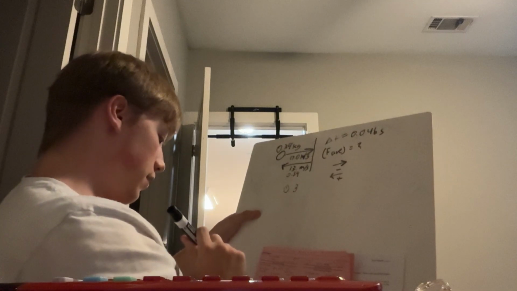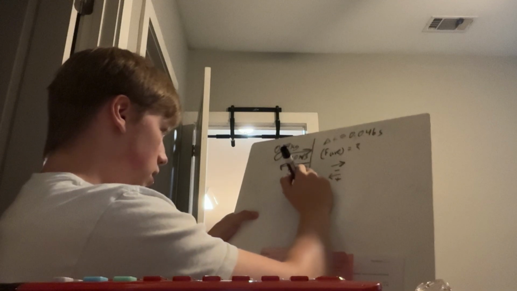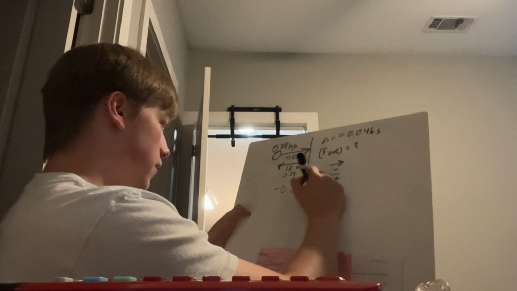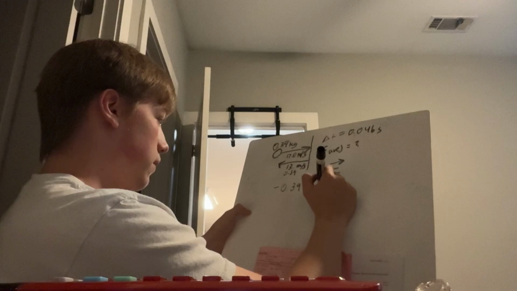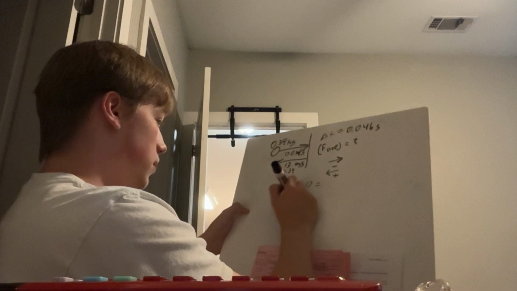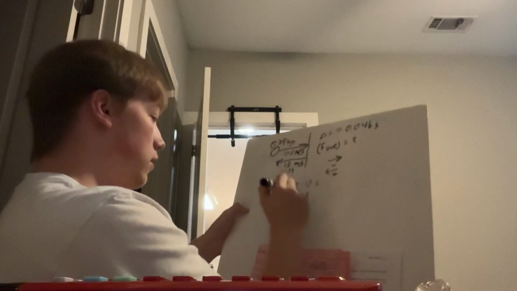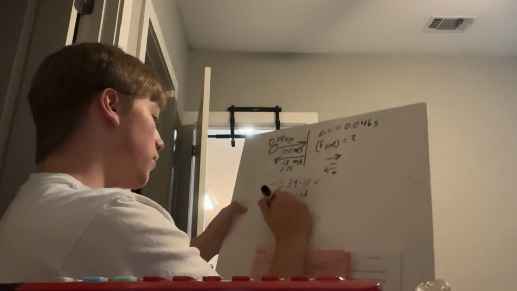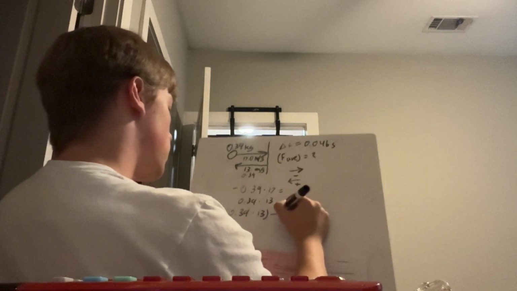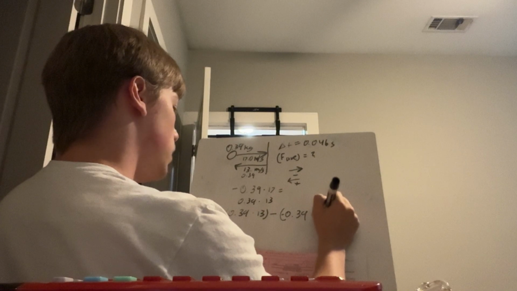That'd be weird. 0.39 negative times 17 equals that, and then we're going to put 0.39 times 13. Final versus the initial. So because this is the final, it's going to be 0.39 times 13 minus negative 0.39 times 17.